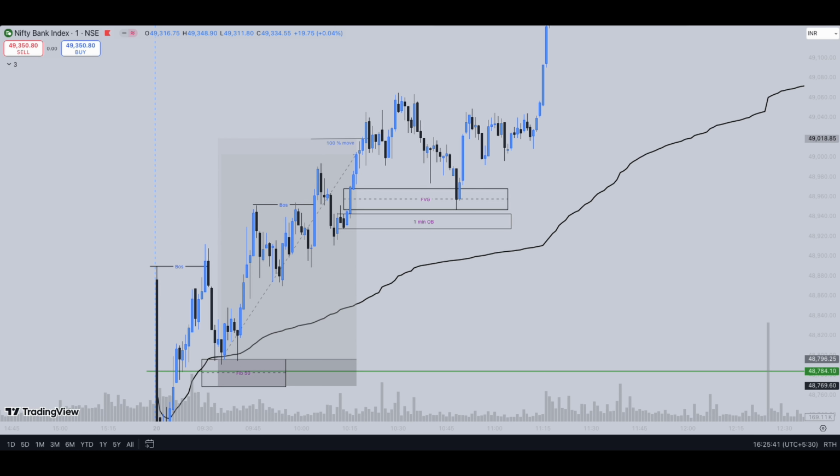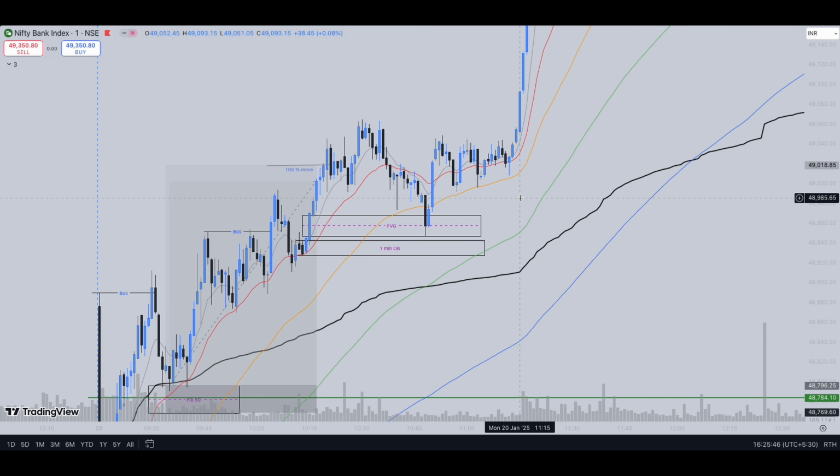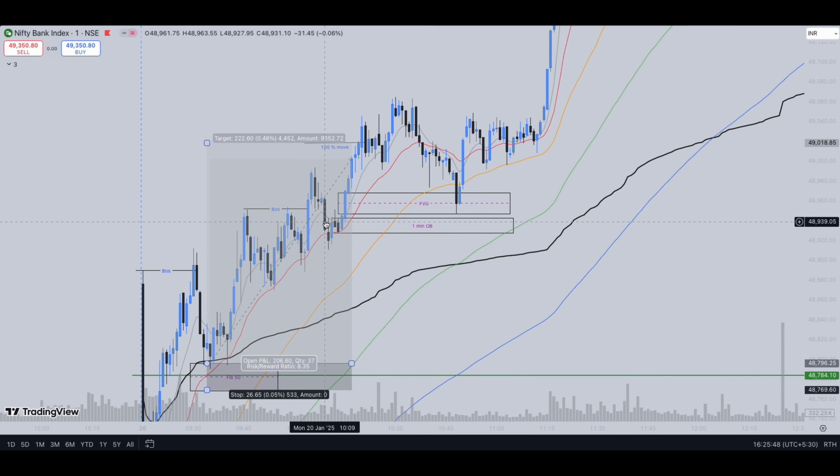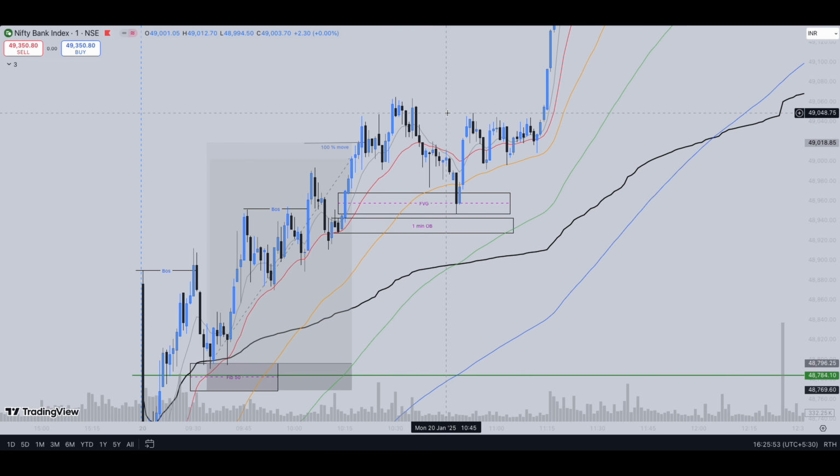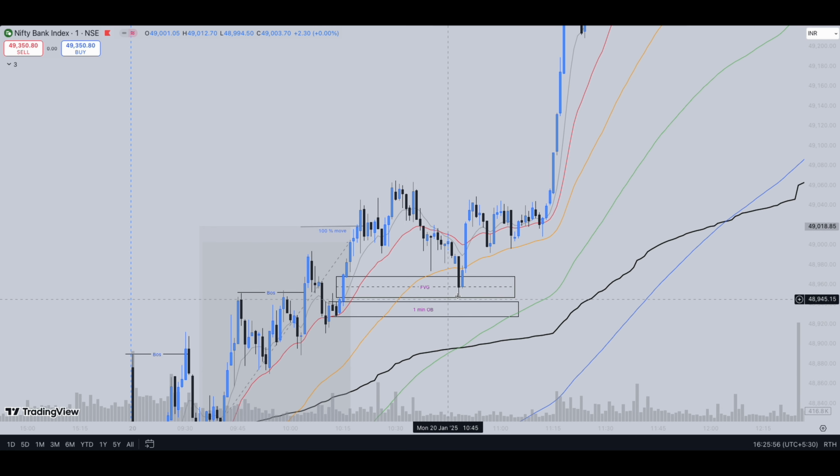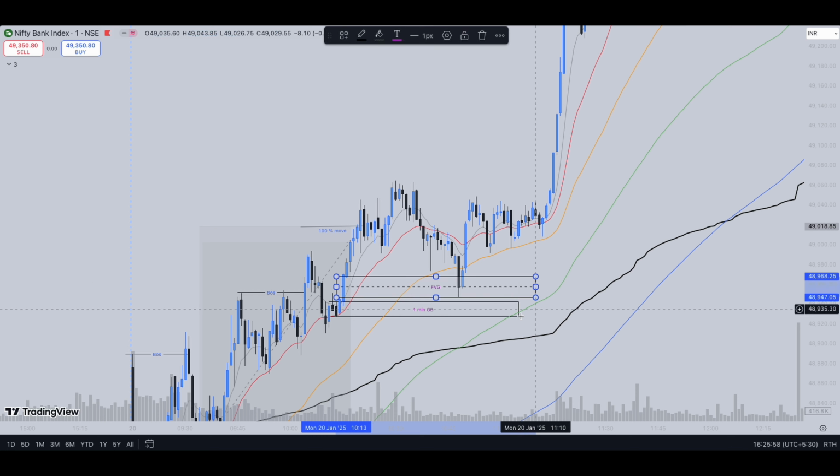And if you also try to add a moving average confluence to this, you can see clearly that here the market tried to break this structure, retraced back, and when the market reached this zone, guys, this is the last down move before the up move.